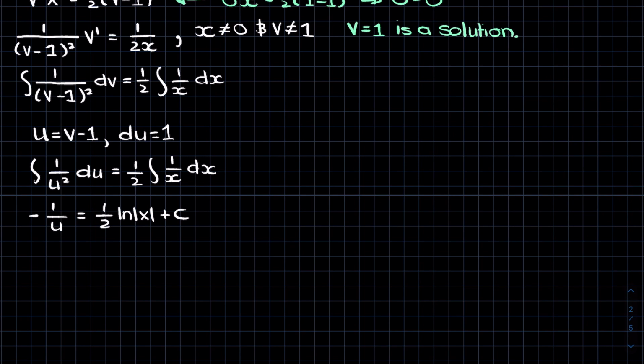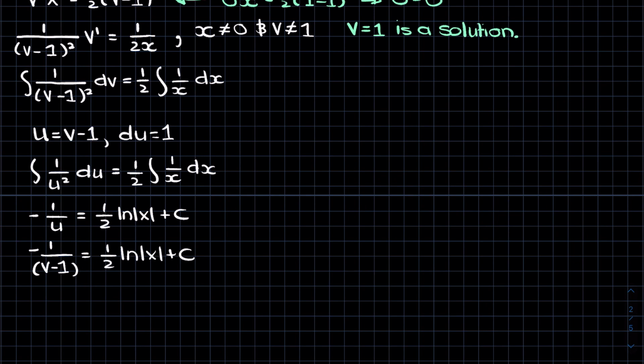Now if we plug in what u equals, we will just get minus 1 over v minus 1, and that will equal a half natural logarithm of x plus c.